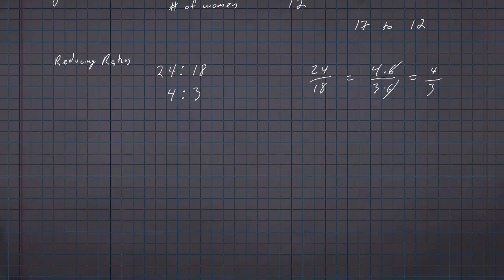I said in the opening that one of the nice things about ratios is that they allow us to generalize the idea of fractions to look at fractions that contain decimals or fractions themselves.